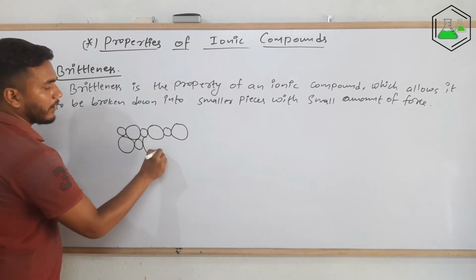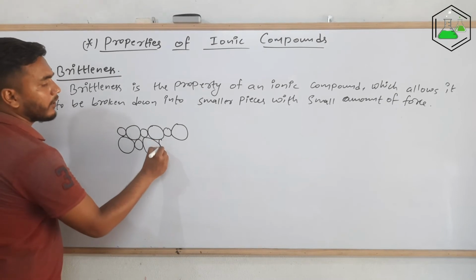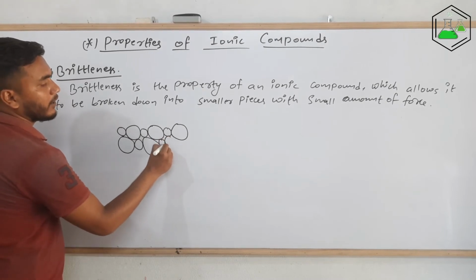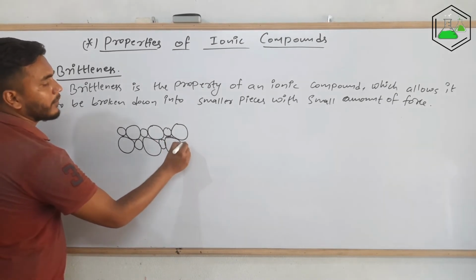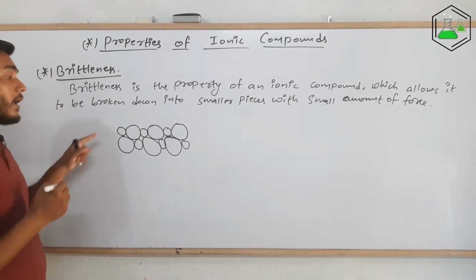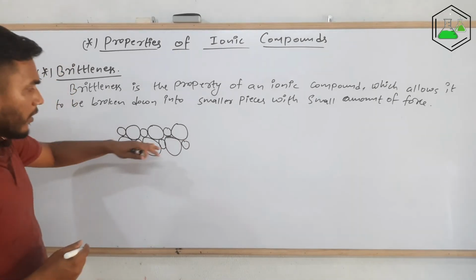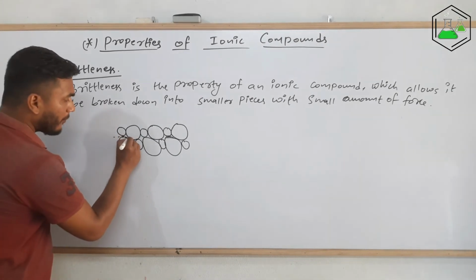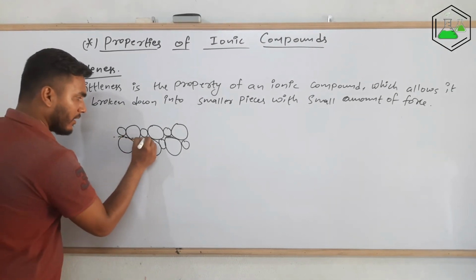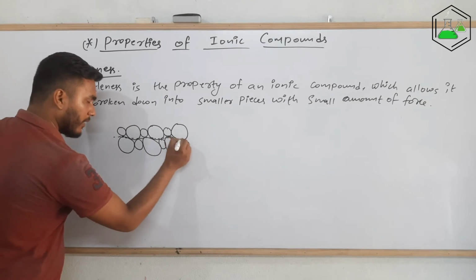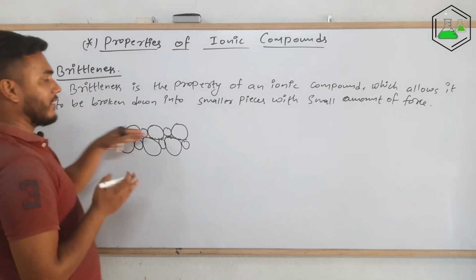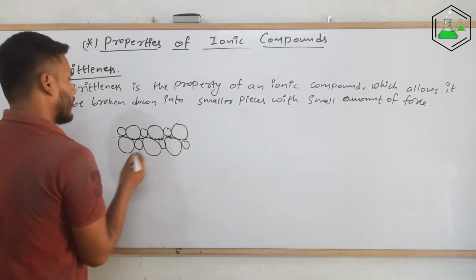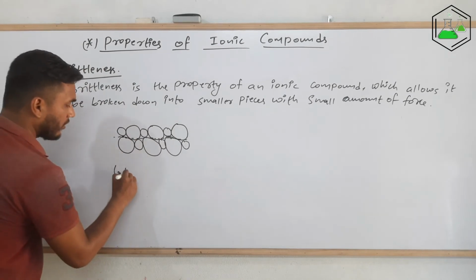Similarly, there will be a negative ion and a positive ion. It will be attached like this. There will be more such layers, but I am just making this one layer. They will be in a parallel layer. We can draw a line over here as well. Now this is the lattice structure.